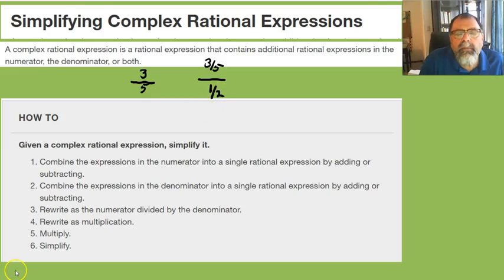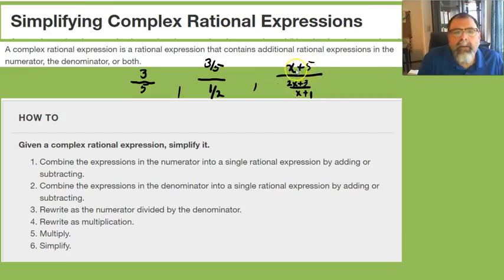So something like this would be a complex fraction, right? And then now take the fraction and put a rational expression there, basically polynomials. So if I had like x plus 5 over 2x plus 3 over x plus 1. This would be a complex rational expression.